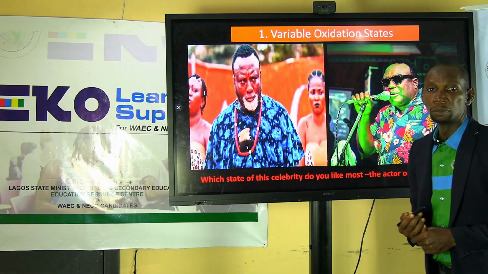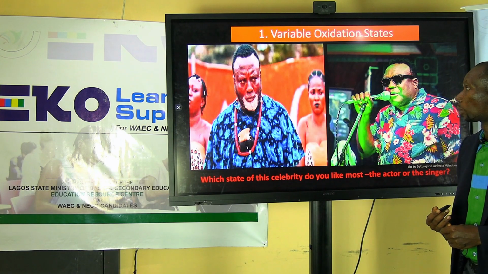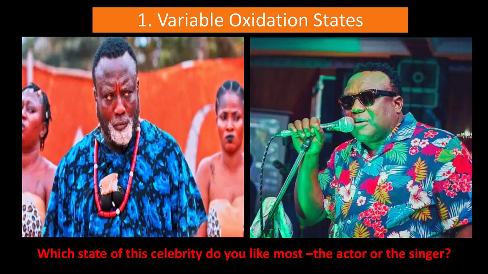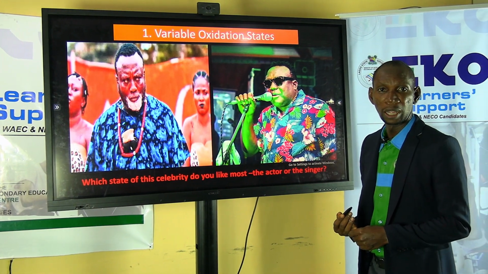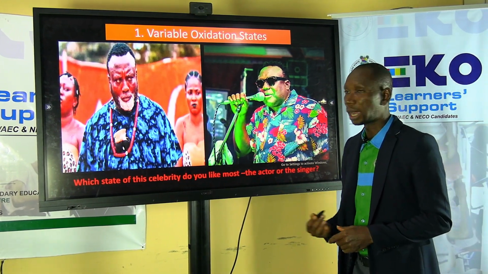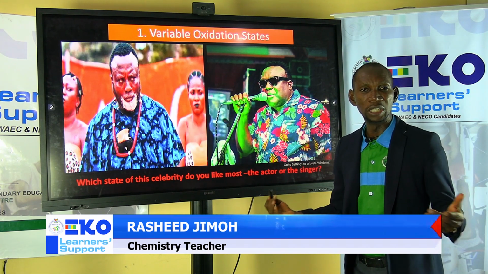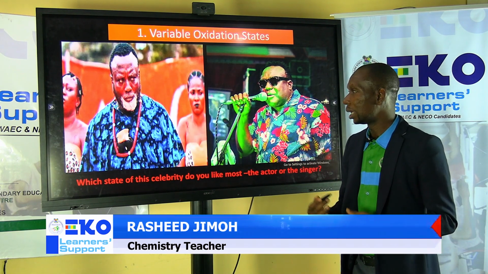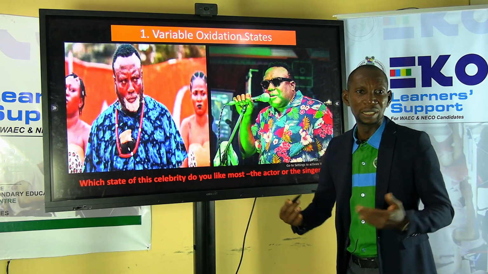Now, just to take home some of these properties, variable oxidation state. I hope you are familiar with this gentleman. He is a popular musician in Nigeria and also an actor. This is an example of what we call variable oxidation state, when a particular atom or a metal can change its state.